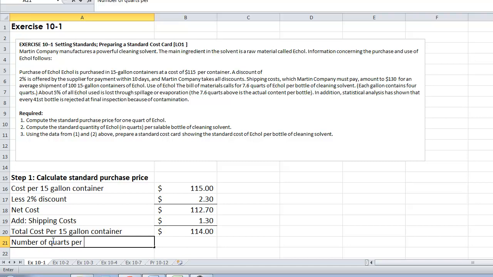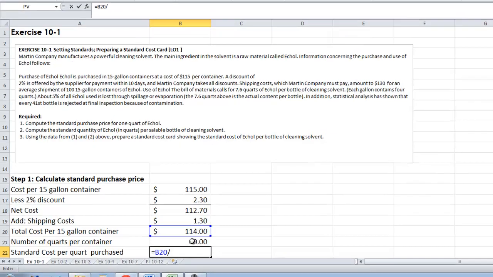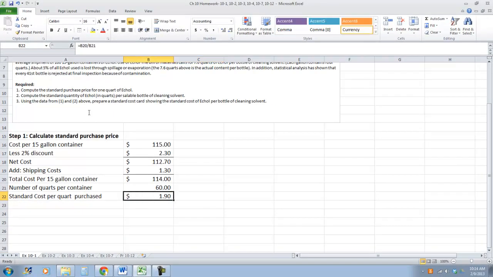Number of quarts per container equals 4 quarts to a gallon, and there's 15 gallons per container. It's actually not a dollar sign. So standard cost, we'll have to divide. Standard cost per quart purchase equals $114 divided by the 60 quarts, which is $1.90.